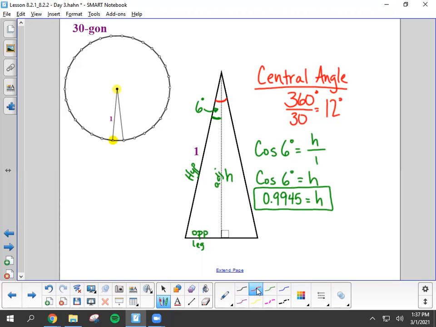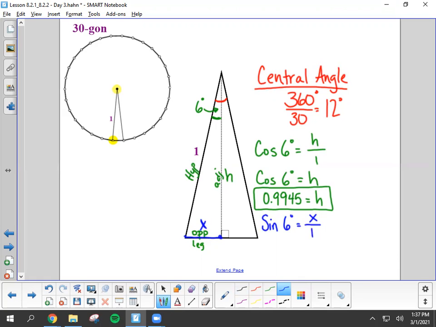Now I need to find the base of my triangle so that I can find the area. In this case, I'm going to use my opposite leg here, which is half of the base, and I'll call that x. So now I'm looking at having the opposite leg and the hypotenuse, so I am going to use the sine. The sine of 6 degrees equals x, which is half of the isosceles triangle's base, divided by 1.